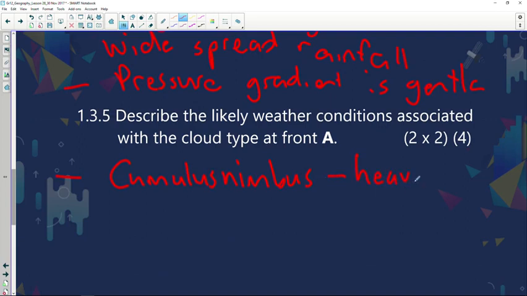Heavy rainfall. Heavy rainfall over a short period of time, definitely thunderstorm activities, because of the strong updrafts being created.